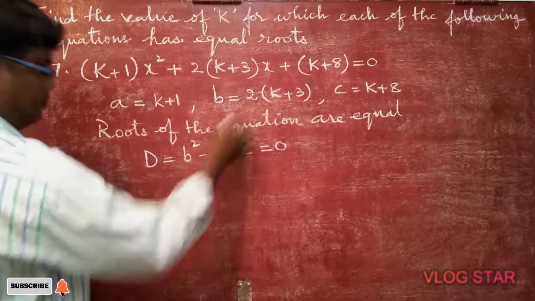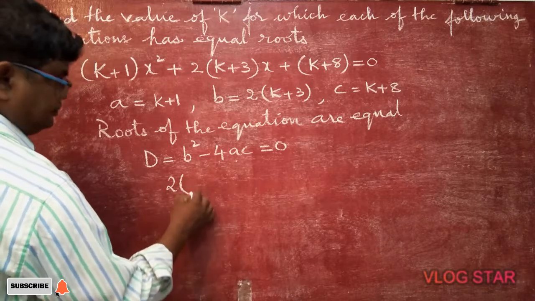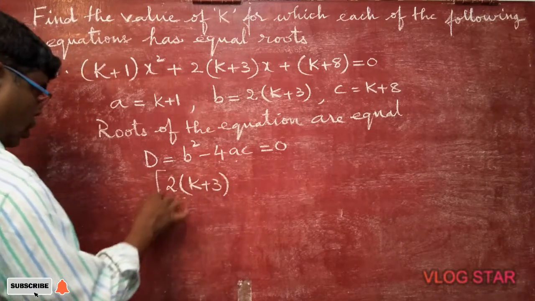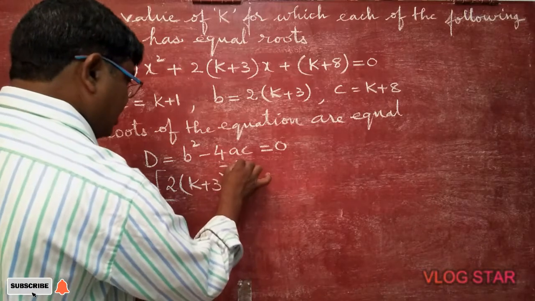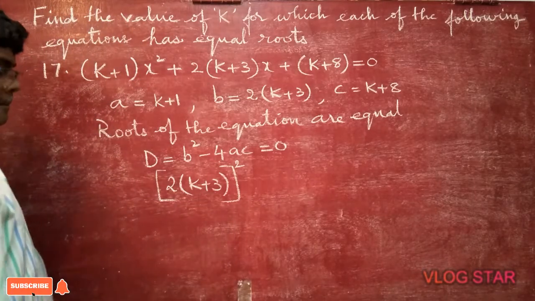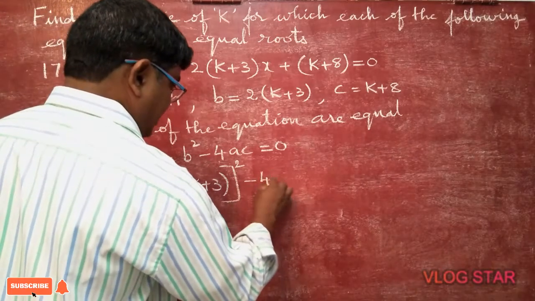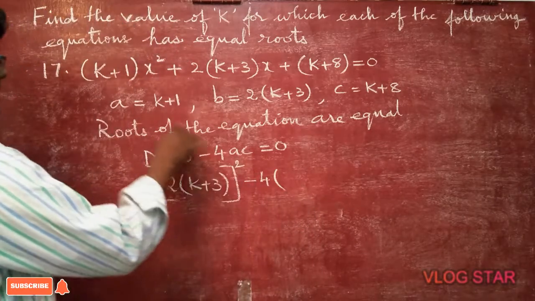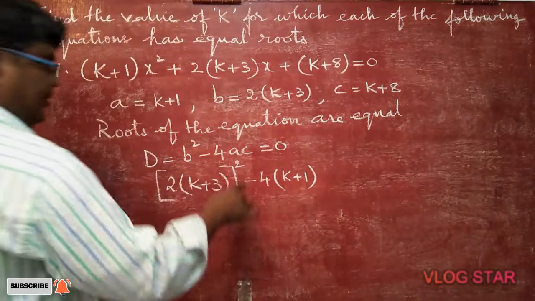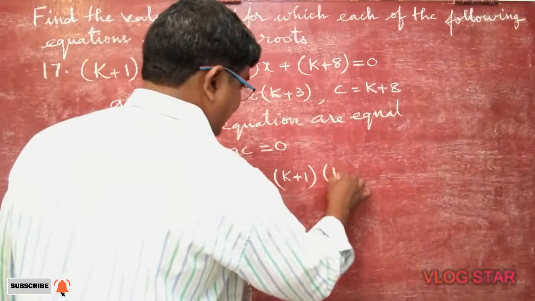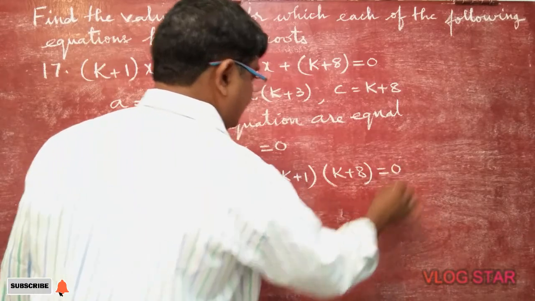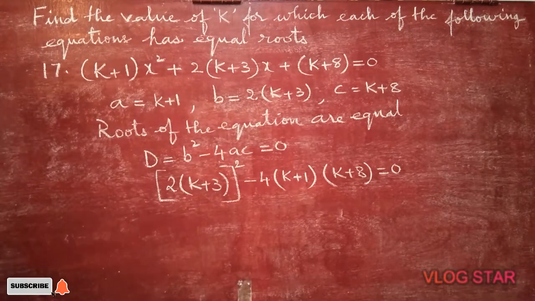What is b? 2 into k plus 3, whole square. This square is for 2 and this square is for k plus 3, minus 4 into, what is a? k plus 1, into, what is c? k plus 8, is equal to 0. Don't forget it is equal to 0.